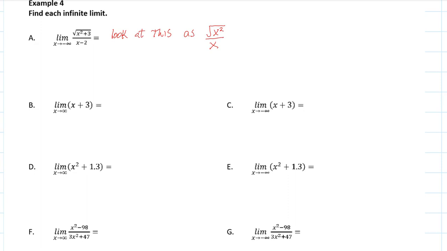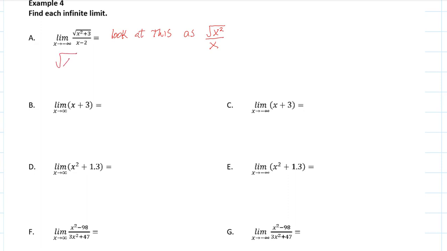Now, if you look at the denominator, as x goes to negative infinity, the denominator is going to stay negative. It's just going to get really big, but it's going to stay negative. The numerator, as x goes to negative infinity, like if you plug in negative 10, you square negative 10, that's 100, and then you square root 100, that's positive 10. So because of the square in here, the numerator is going to stay positive.